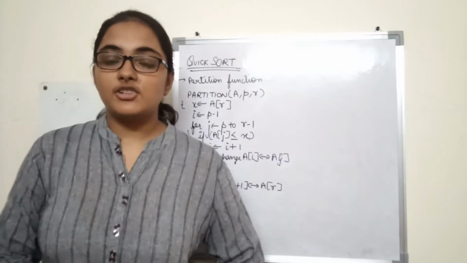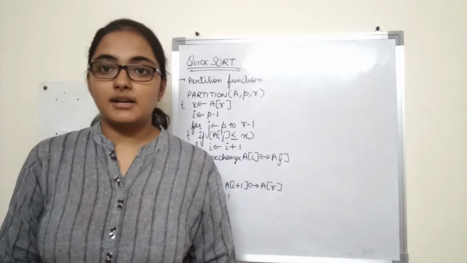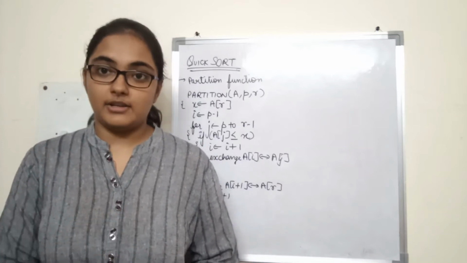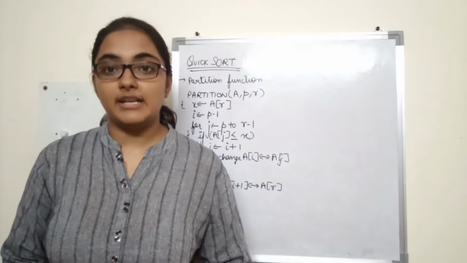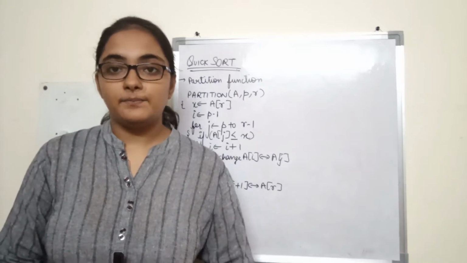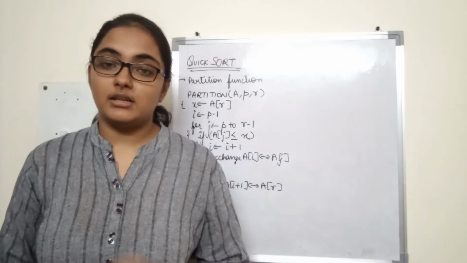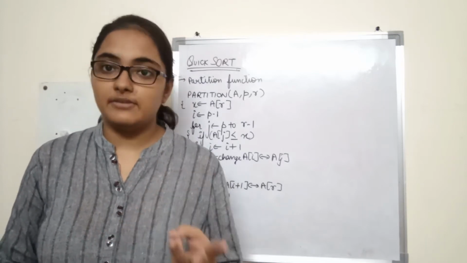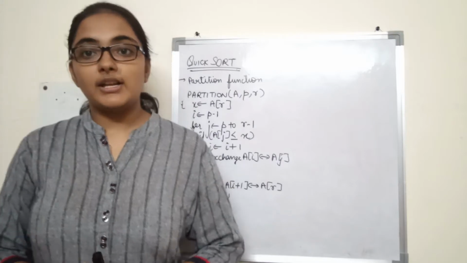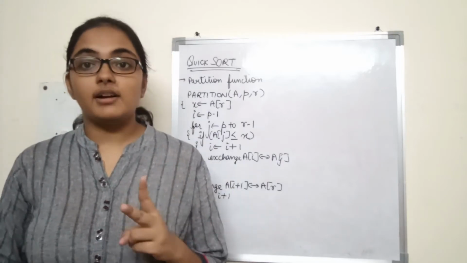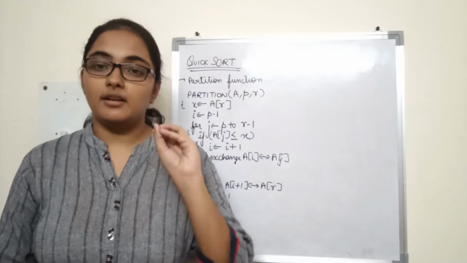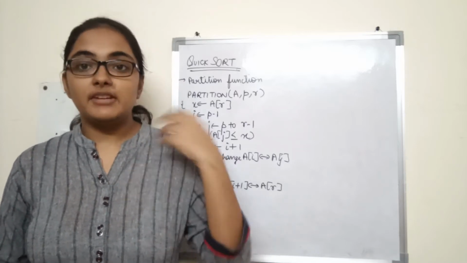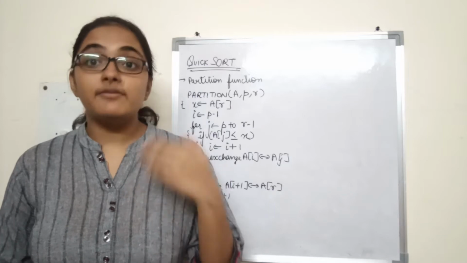Quicksort, just like merge sort, falls in the category of divide and conquer algorithms. As we have already seen in merge sort, divide and conquer works in 3 steps. What are the 3 steps? Divide, conquer and combine. In the divide step, we divide the problem into a number of sub-problems.